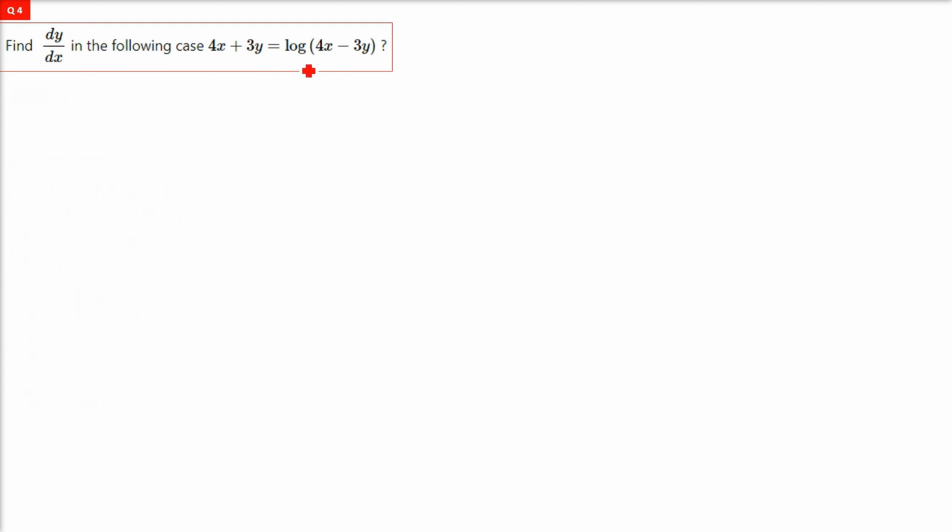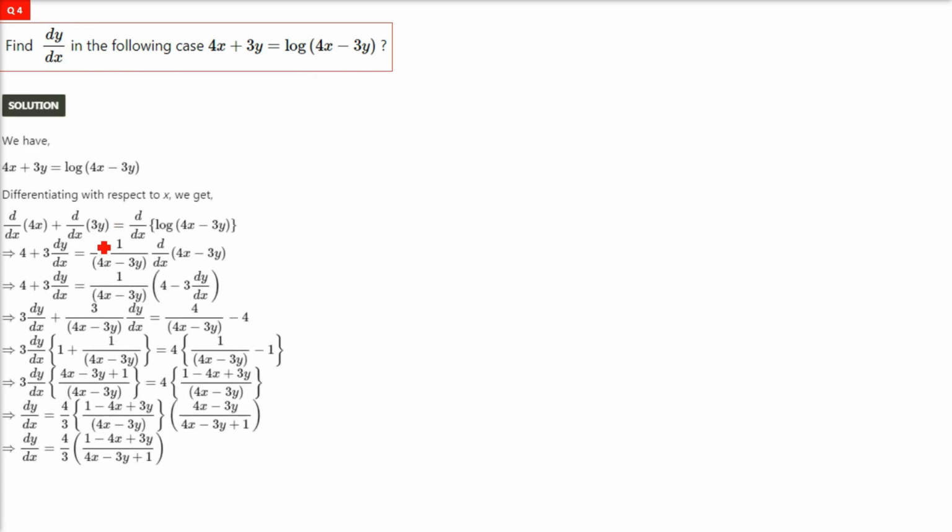Dy by dx, this is the case. Now we have a log here. Same thing we have to do. Everything will remain same because the only thing is dy by dx on one side, others on right hand side, and that is going to be your answer. So let us differentiate it here only. 4x differentiation is what? 4. 3y is 3 dy by dx, and this is going to be equal to log.